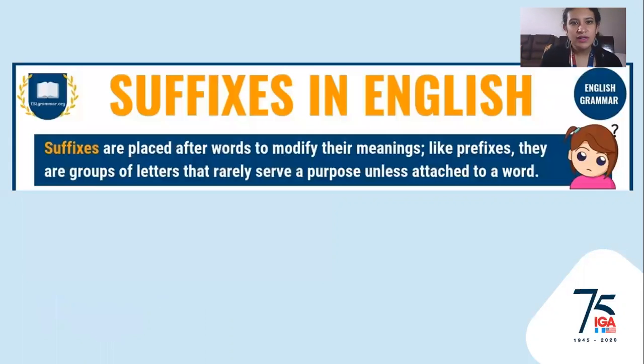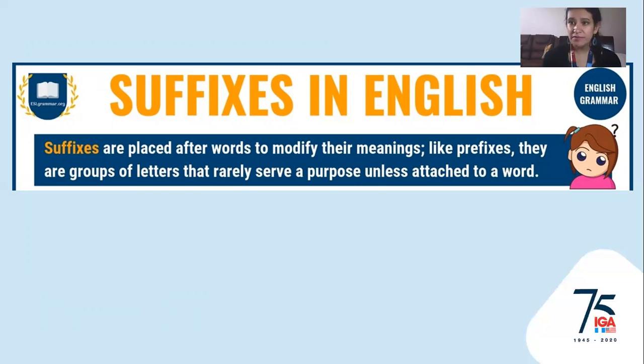We're going to start with something that you may know and might remember from previous courses or classes. We're going to talk about suffixes, right? Remember that we have the prefixes, and now we're going to talk about the suffixes. The definition says that they are words that are placed after other words and modify their meanings.